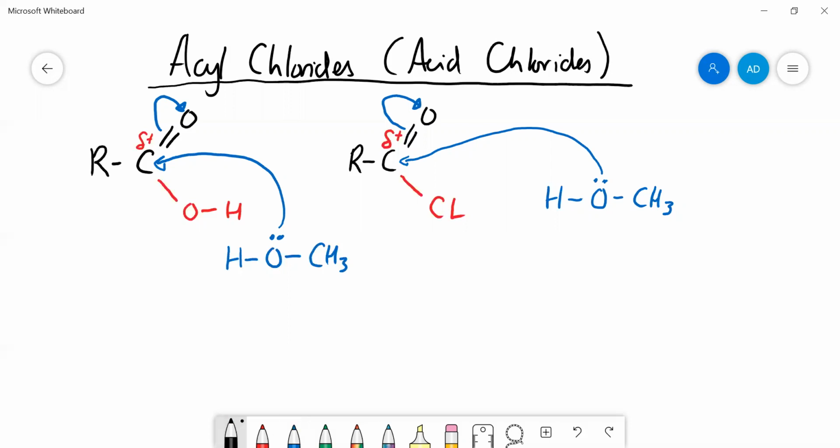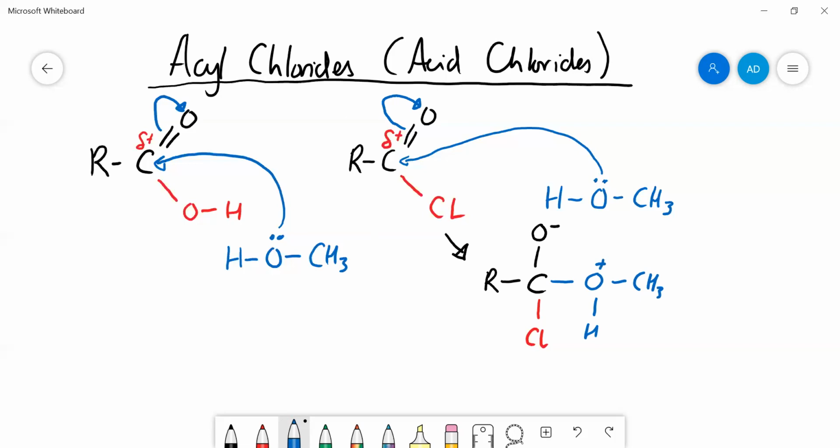So if I carry on with the acyl chloride, then we're going to end up with this intermediate. So you have a negatively charged oxygen, the chlorine still attached. We have a positively charged oxygen there.